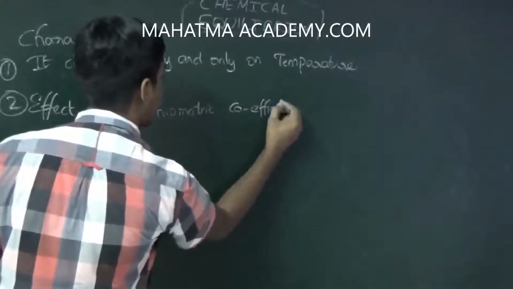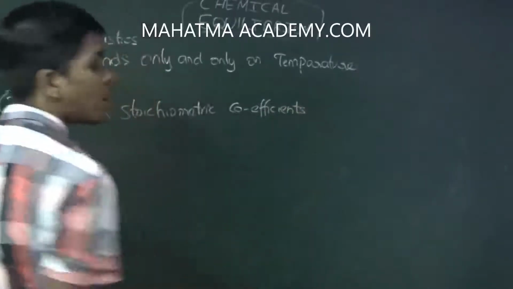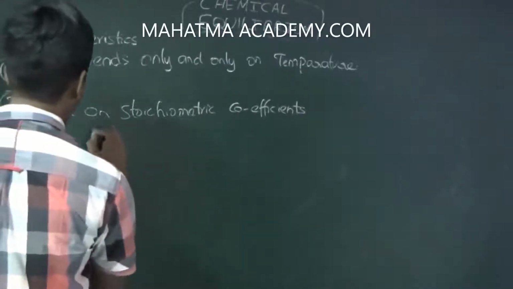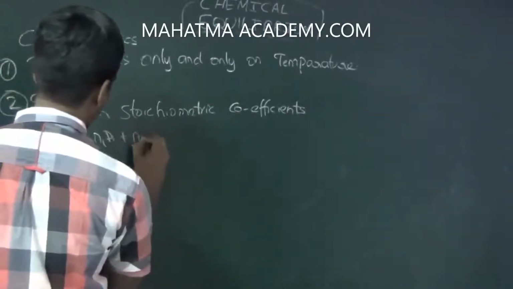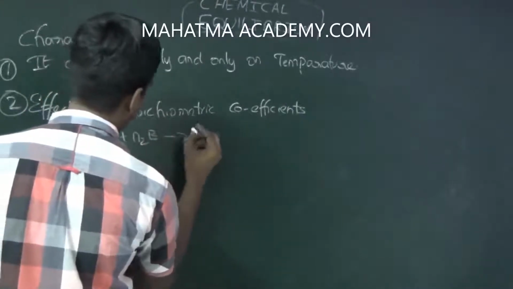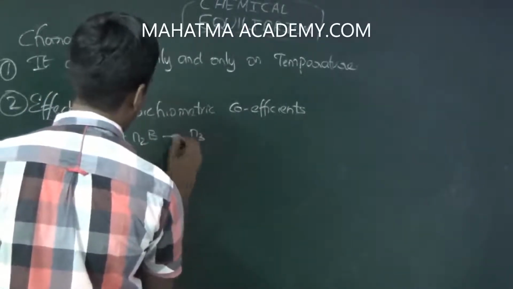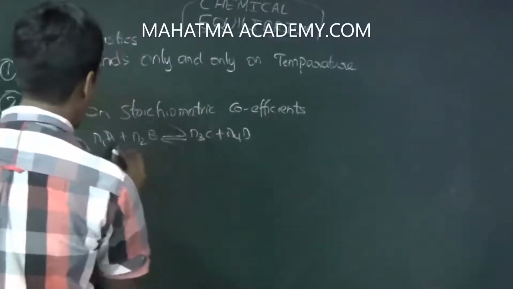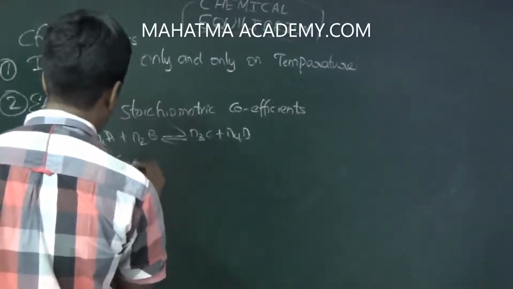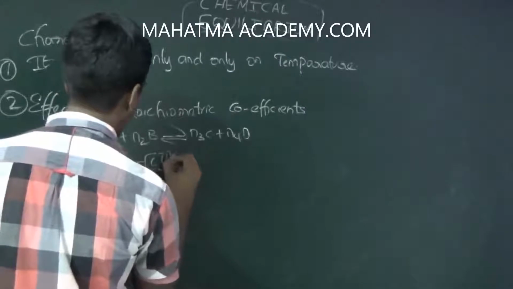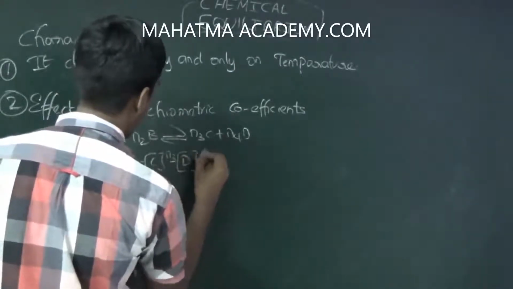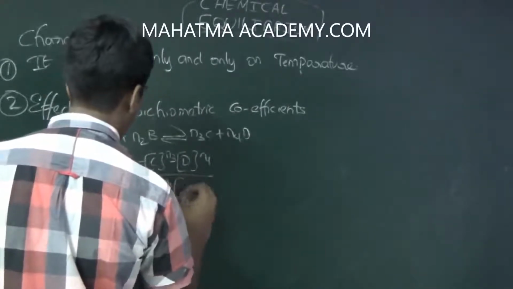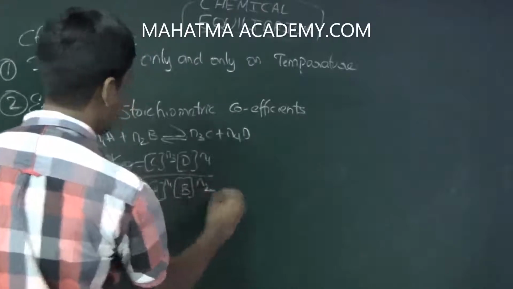We will make a simple equation: n1 A plus n2 B gives n3 C plus n4 D. The equilibrium constant K is equal to [C] to the power of n3, [D] to the power of n4, divided by [A] to the power of n1 and [B] to the power of n2.